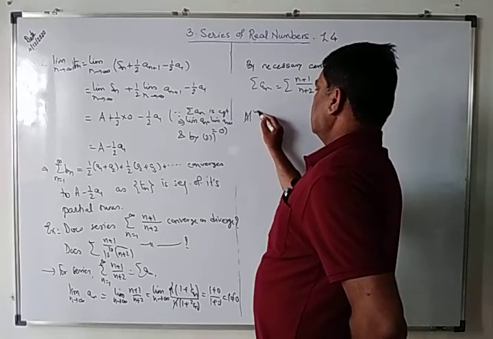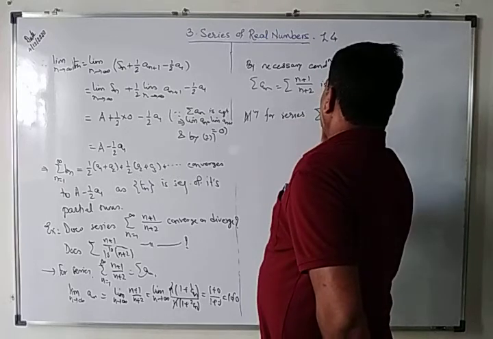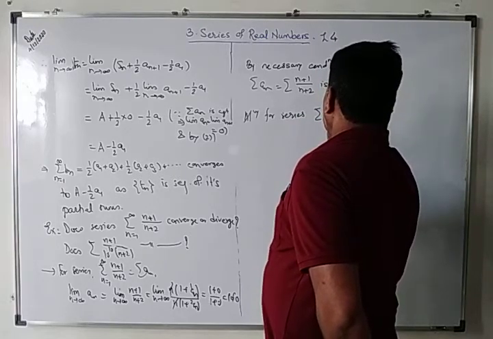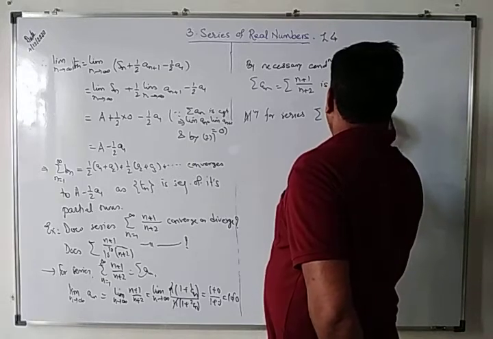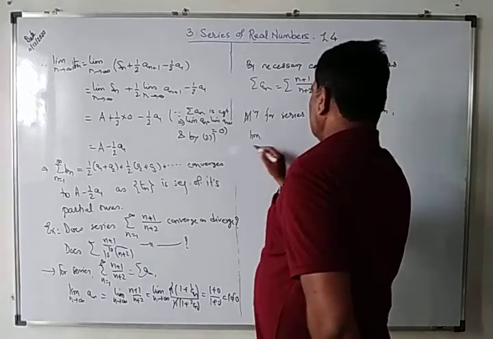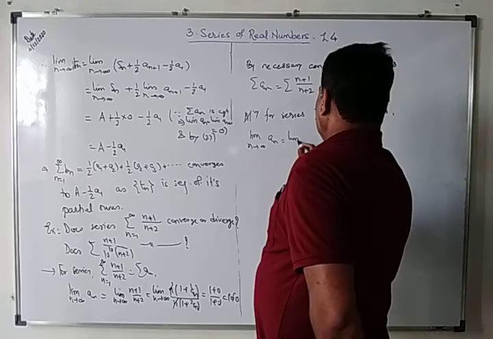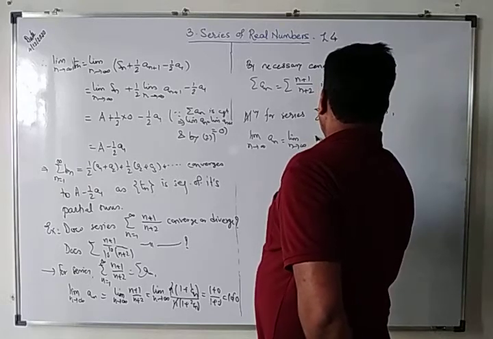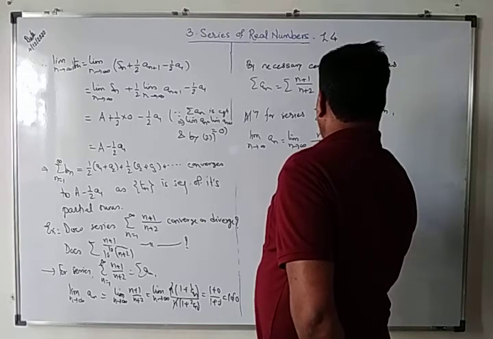Similarly, for the series summation of (n plus 1) upon 10 raised to 10 into (n plus 2), equal to summation a_n, the limit of a_n is equal to limit n tends to infinity of (n plus 1) upon 10 raised to 10 (n plus 2).